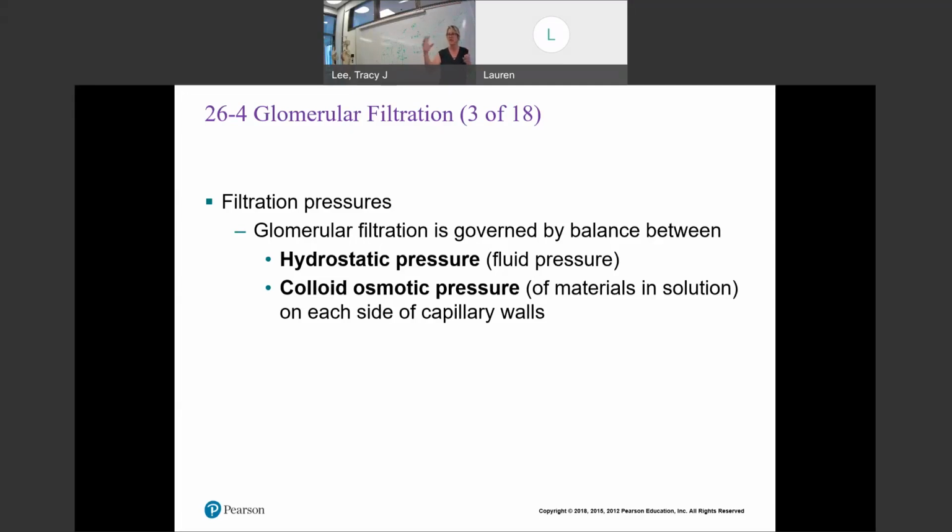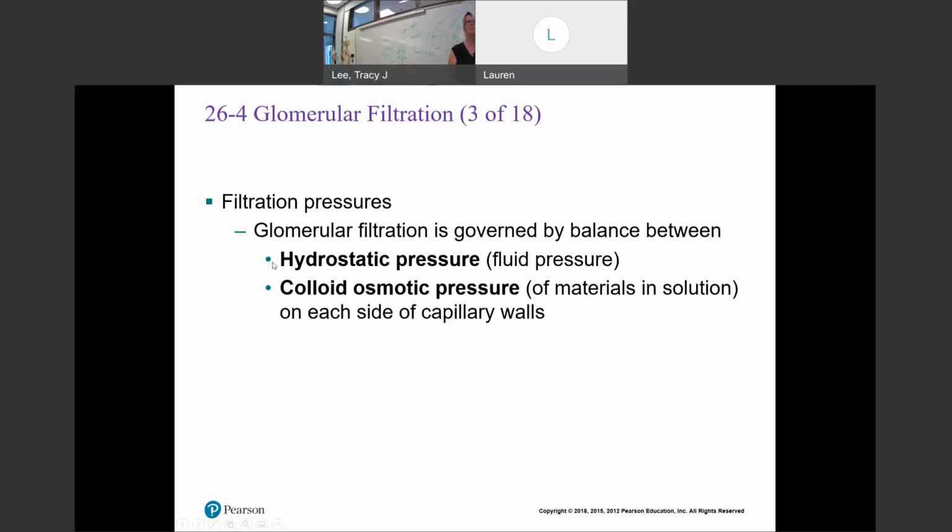So as the fluid's waiting its turn to enter into the nephron tubules, it's providing a little bit of counter pressure. So not every single thing goes because we have a little bit of counter pressure. But our hydrostatic pressure in our glomerulus is higher than our counter pressure. So we're ultimately going to push stuff into the nephron tubules.